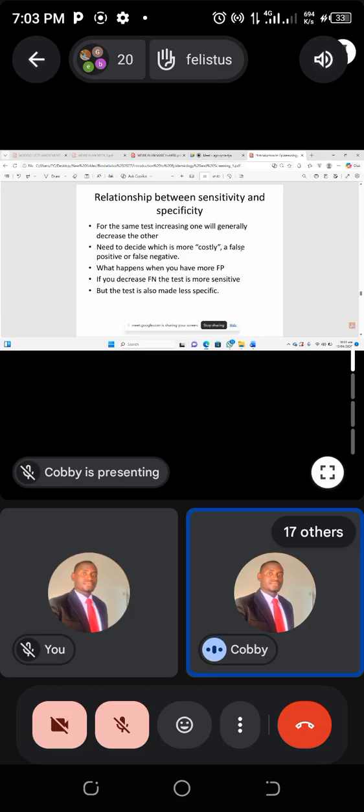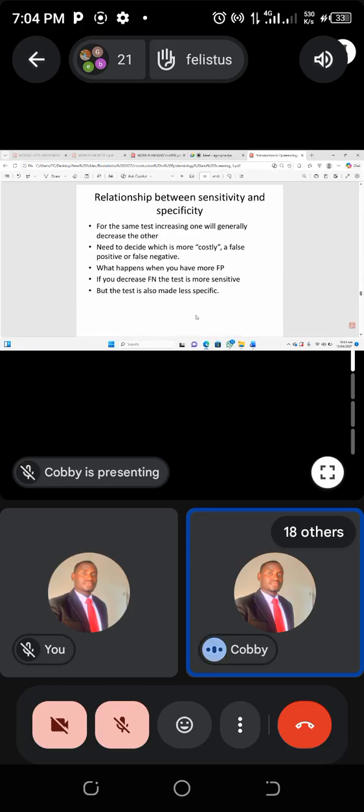When we have limited resources and we are busy treating people who are not sick, or we need people to come for a retest because they have tested positive and we are not sure if the sensitivity is too high, we are going to have a lot of people coming for the retest instead of just a few. So both are costly, but we need to make a decision, because you cannot just leave it like that. You need to decide which one you are going to go for.